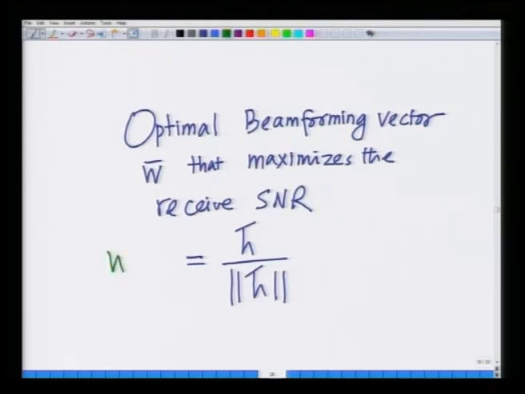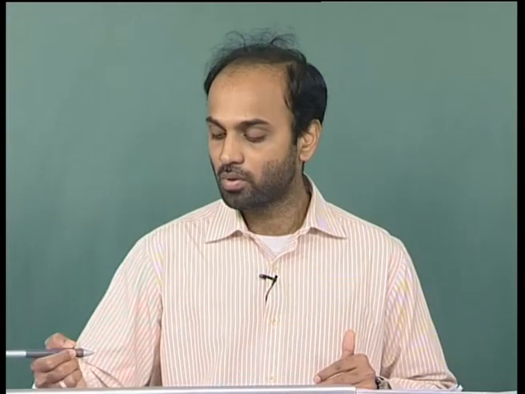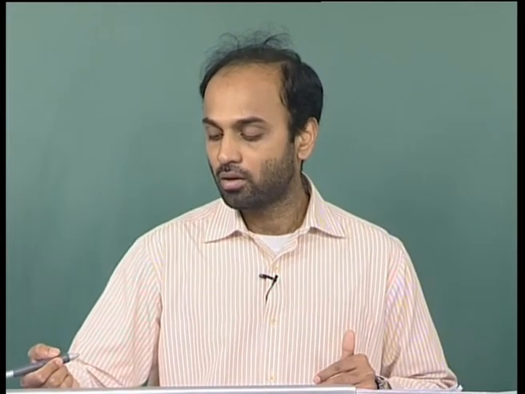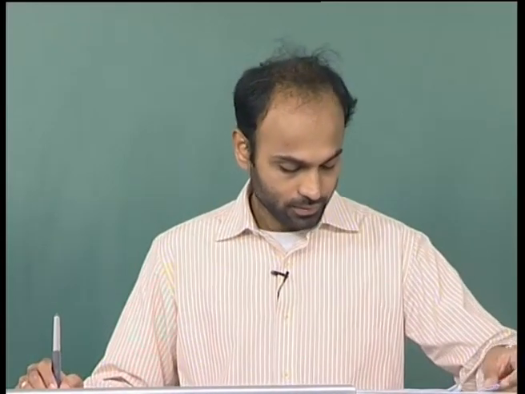Let me denote this by a name, let me call this w optimal, that is the optimal beamforming vector is h bar divided by norm of h bar, and you can check this has unit magnitude, because norm w bar square is magnitude h bar square divided by magnitude h bar square, which is 1. Alright.